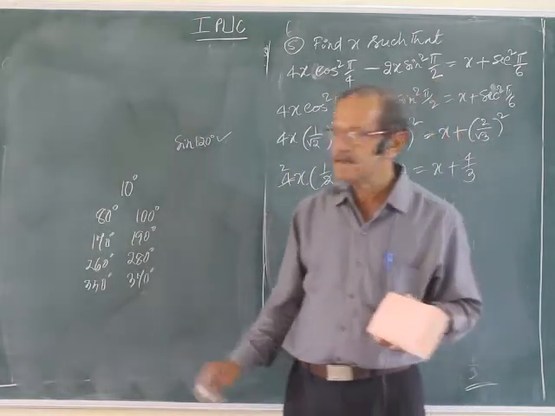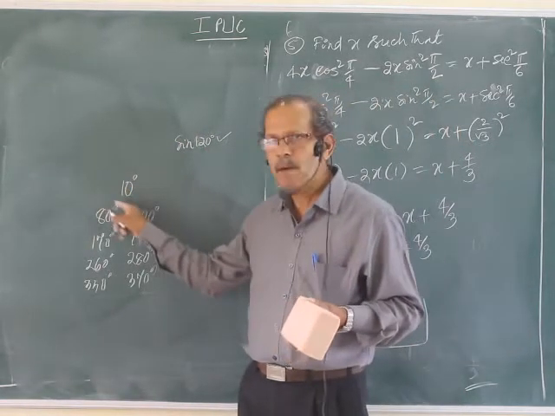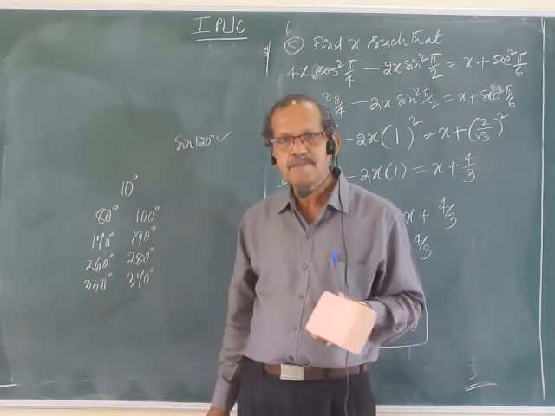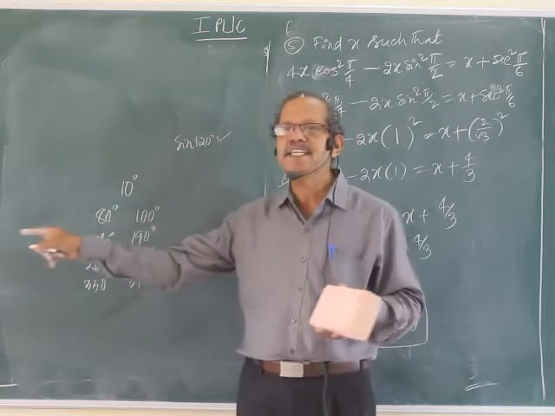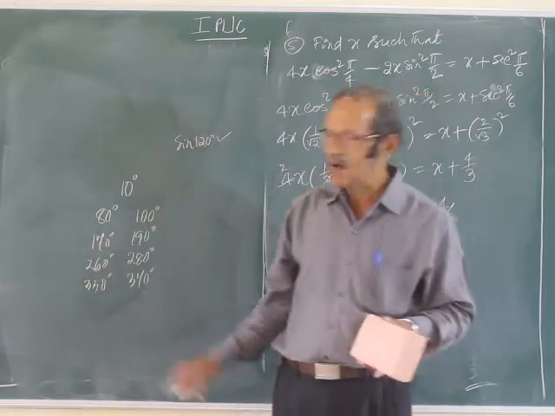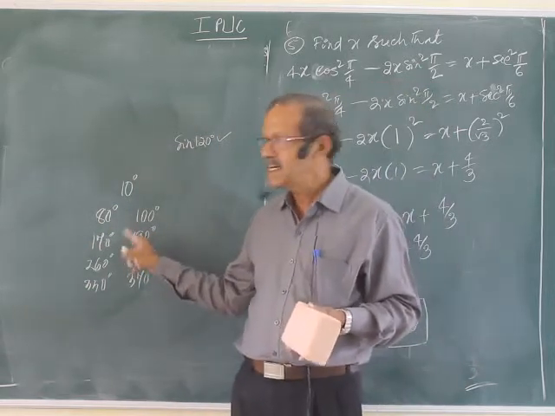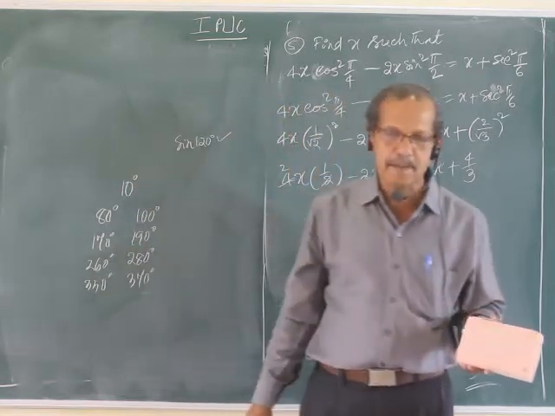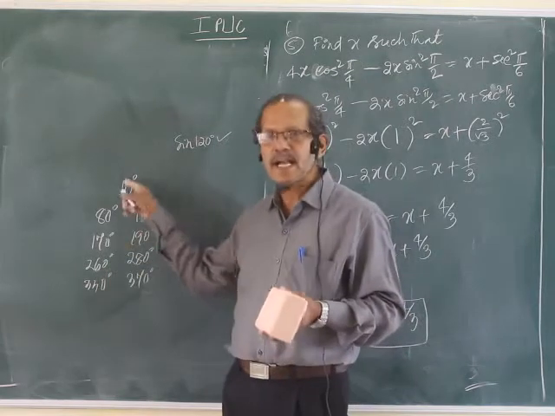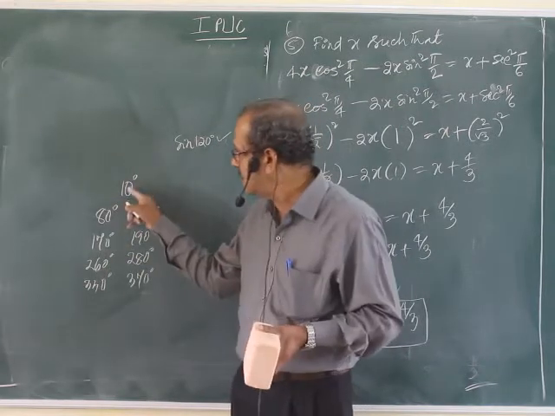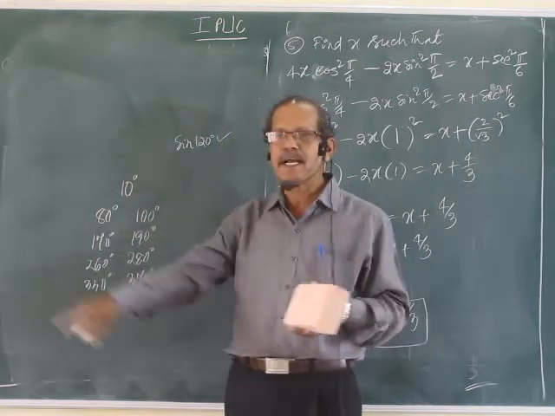Very interesting one. Just by knowing the trigonometric ratio of 10 degrees, you can write the trigonometric ratio of all these 8 angles. They are called allied angles, related angles to 10 degrees, remember. There is some relation between 10 degrees and these 8 angles.